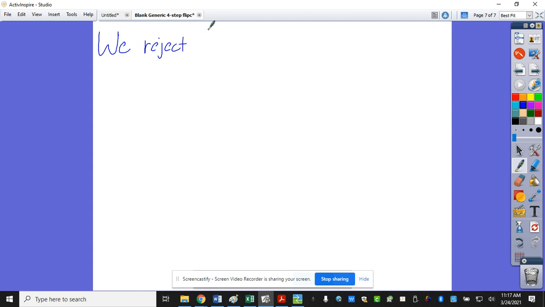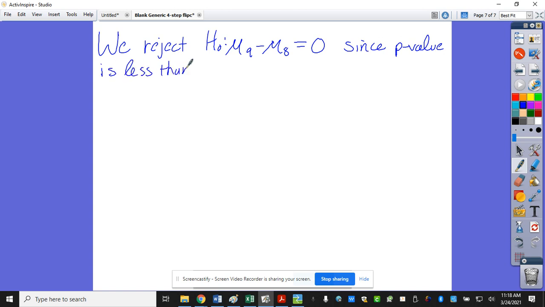So we reject the null hypothesis that mu9 minus mu8 equals 0. So this is no longer the case because we reject that. Why do we reject it? Since the p-value is less than alpha. So we do have enough convincing evidence.